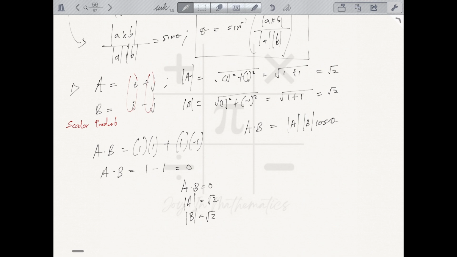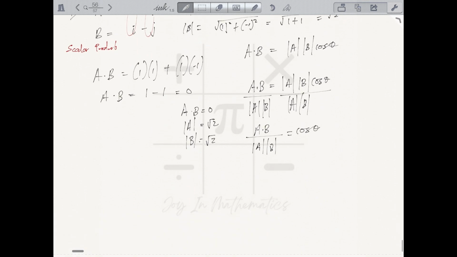Now we can come from the formula for scalar products and say that since A dot B is equal to magnitude of A multiplied by magnitude of B cos theta, if we divide both sides by magnitude of A magnitude of B, then we'll be left with A dot B divided by the magnitude of A and magnitude of B is equal to cos theta.